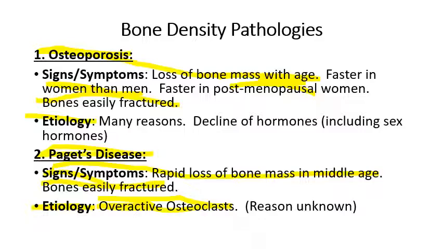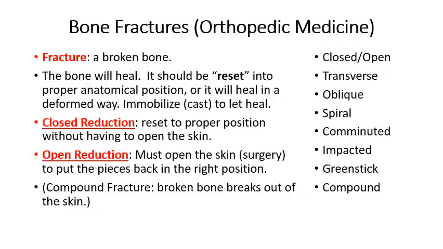Meanwhile, the osteoclasts are busy tearing apart the bone, and the osteoblasts are too lazy to rebuild it. So the bone is being destroyed faster than it's being replaced. We don't exactly know the reason. So Paget's disease, we know the signs and the symptoms, but it's an idiopathic disease. Right? So Paget's disease and osteoporosis are two diseases of the bone.